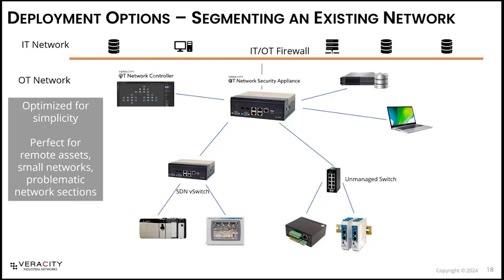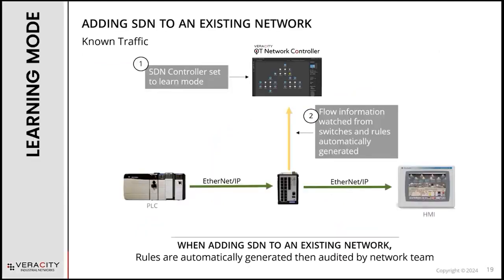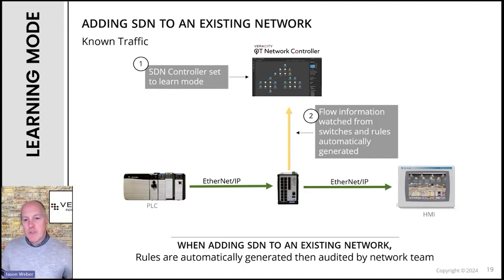So to finish out the question that was asked a minute ago, we have a tool within the controller called learning mode. What this is, you can look at existing traffic on a network, and it puts the switches into an unsecured state temporarily. What this does is it allows all traffic to flow through the network, and we automatically generate rules.